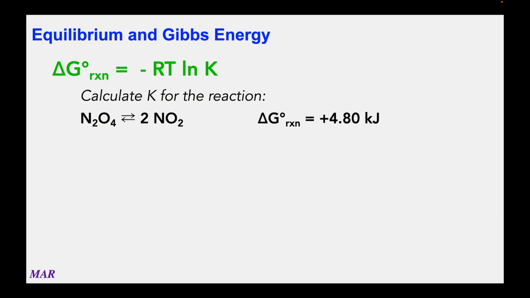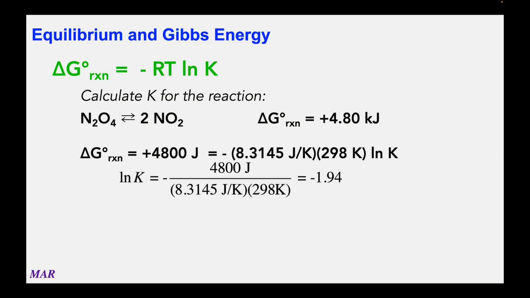So let's say you wanted to find the equilibrium constant K for this reaction, dinitrogen tetroxide going to nitrogen dioxide, knowing that the delta G, the Gibbs free energy value under standard conditions, is a positive 4.80 kilojoules. All right, no problem. So what we'll do is use minus RT natural log of K equals delta G. But there are a couple of things I want to tune you into.